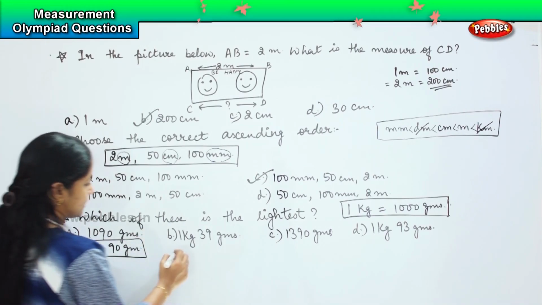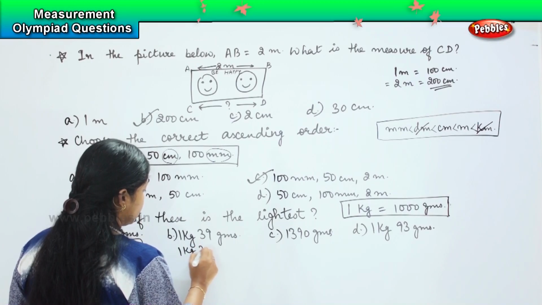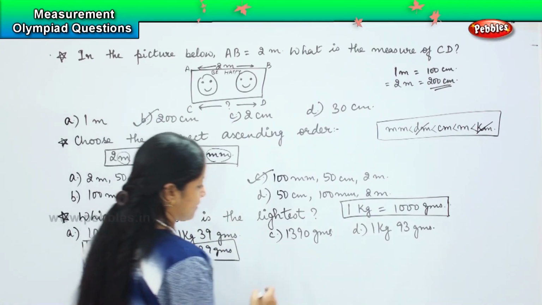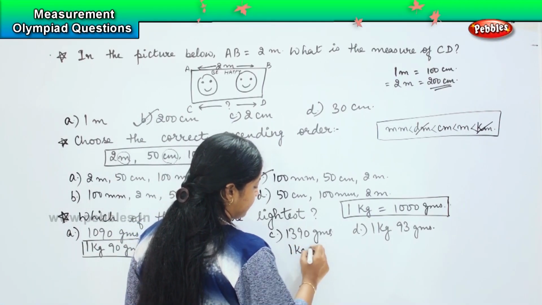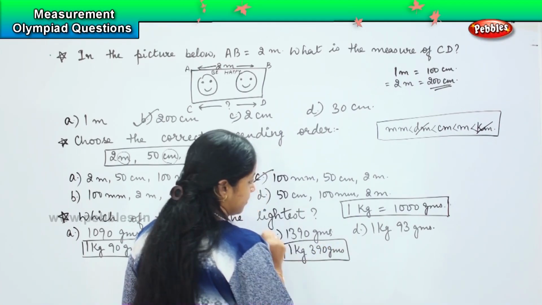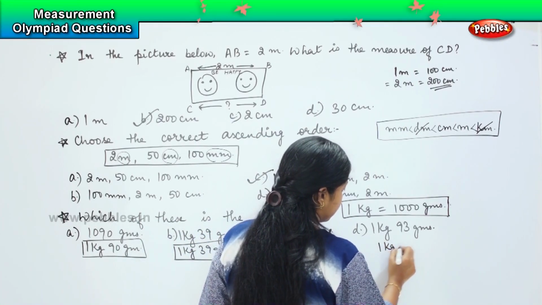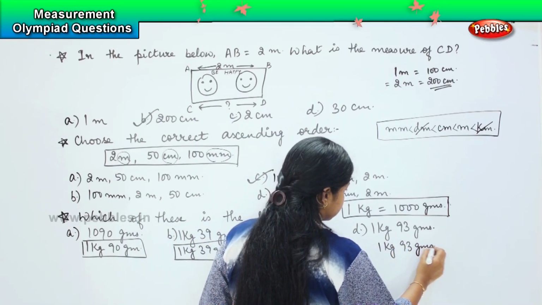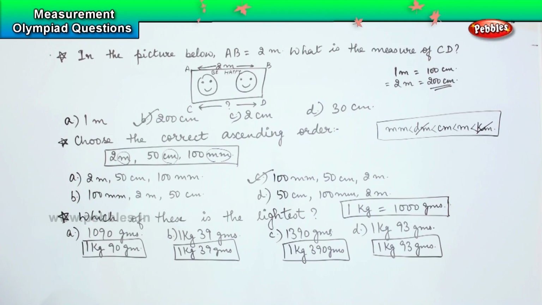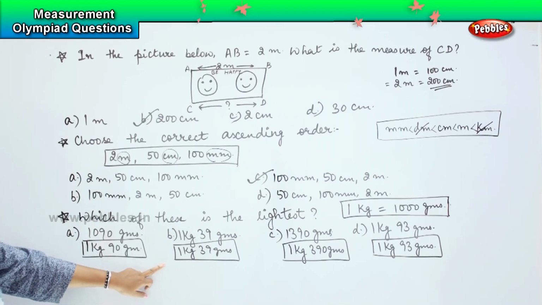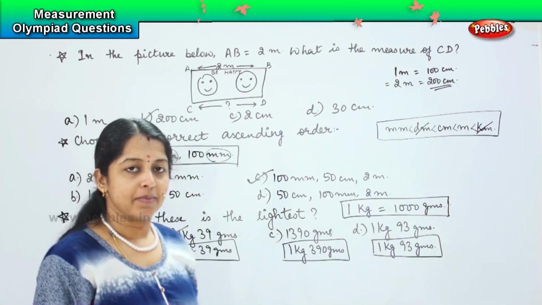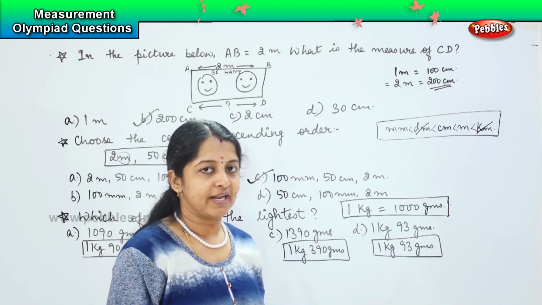Here it is given as 1 kilogram 39 grams. This can be written as 1 kilogram 390 grams. And again this is given as 1 kilogram 93 grams. So which do you think, children, is the lightest among the 4 of them? It is option B. So option B, 1 kilo and 39 grams, is the lightest among all. Clear? Shall we move to the next one?